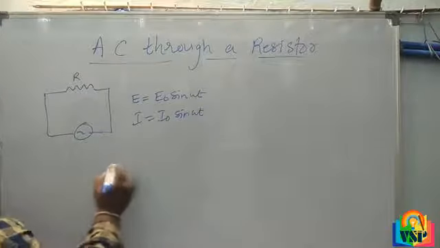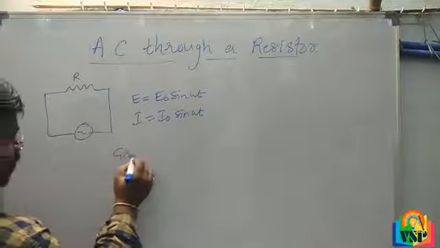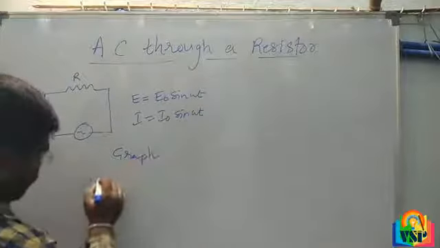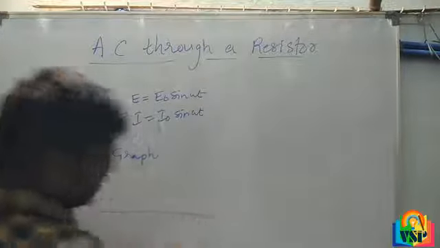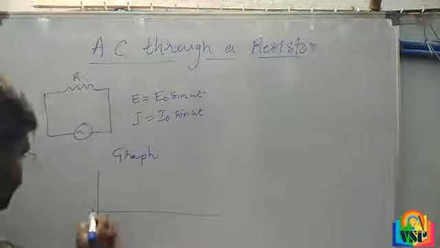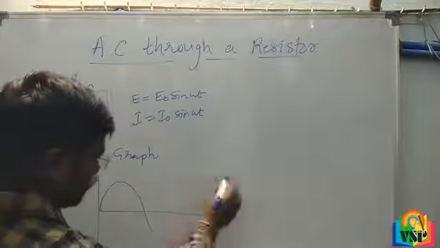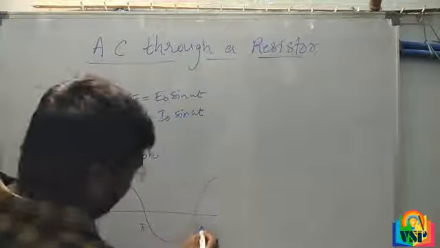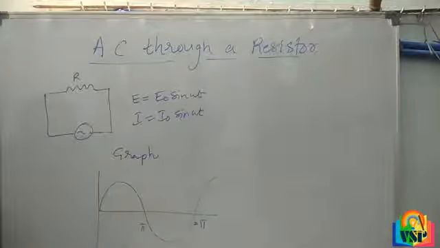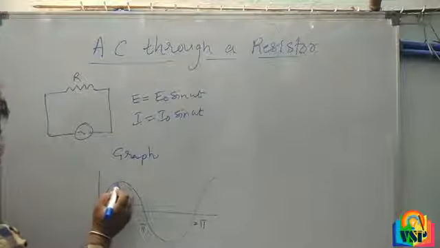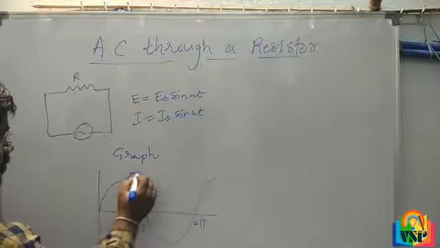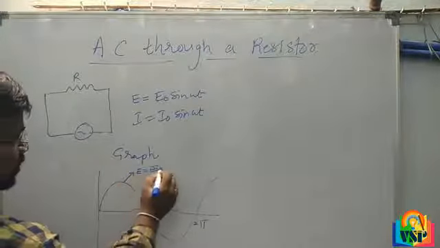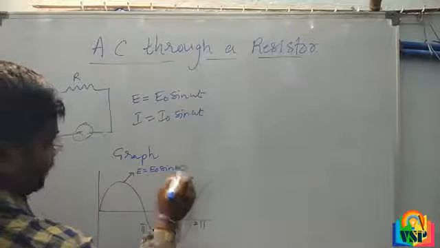Coming to the graph, we know that the sine graph starts from 0, here pi, here 2 pi angle. So we can say E is equal to E naught sin omega t.